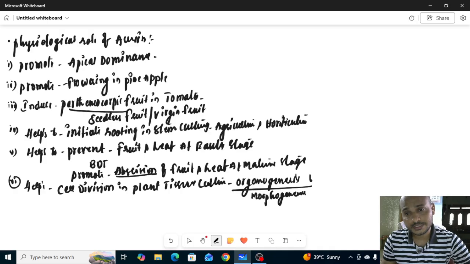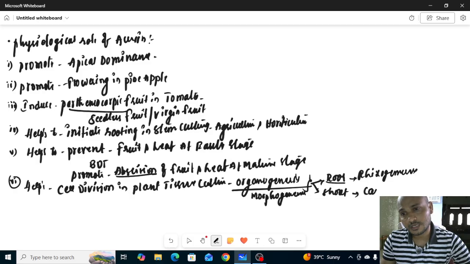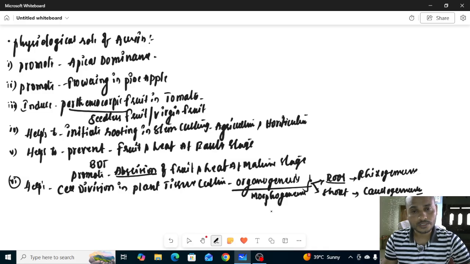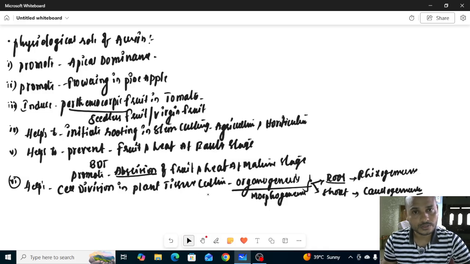In this process, there is a formation of root and shoot from callus. Formation of root is called rhizogenesis, and formation of shoot is called caulogenesis. So in tissue culture also we can use the auxins.